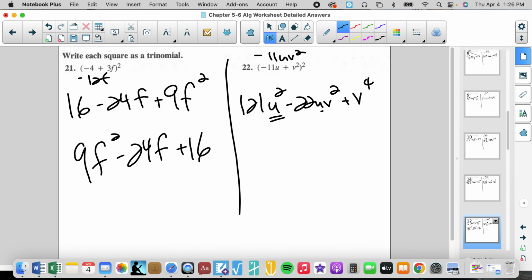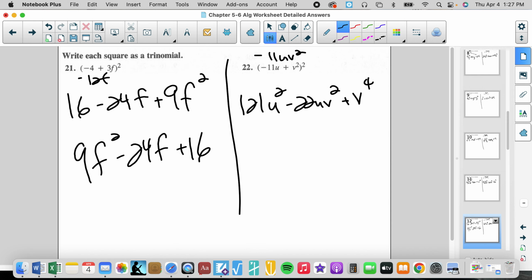U squared, u, v to the fourth. Alphabetical order, u's are always going to come before v's, and u squared is going to come before u to the first. So just because it's v to the fourth doesn't put it into the first.